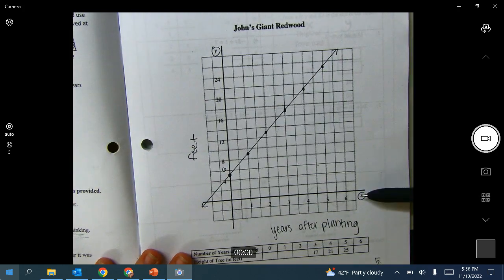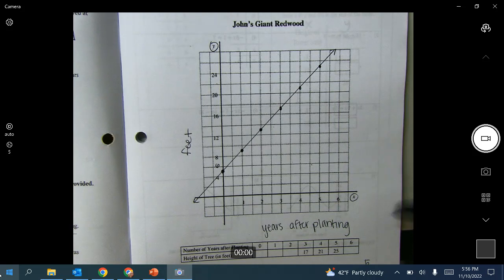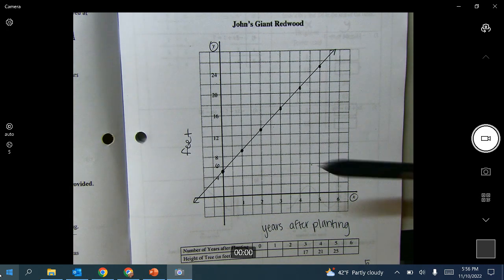So if I'm looking at my graph, I want to know the height 20 years after it was planted. I can't really do that with this graph. Okay, and there's a very simple reason. We can't use this graph to predict how tall the tree would be 20 years after being planted because 20 years does not fit on our graph, right?